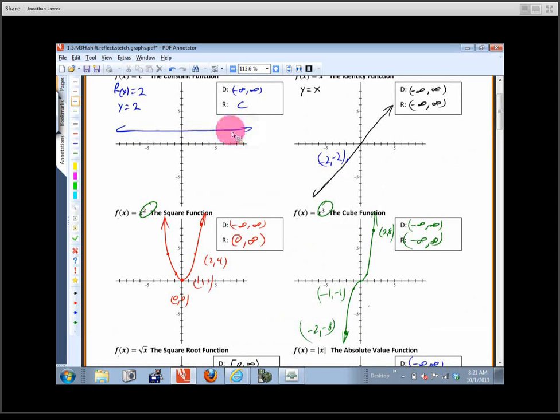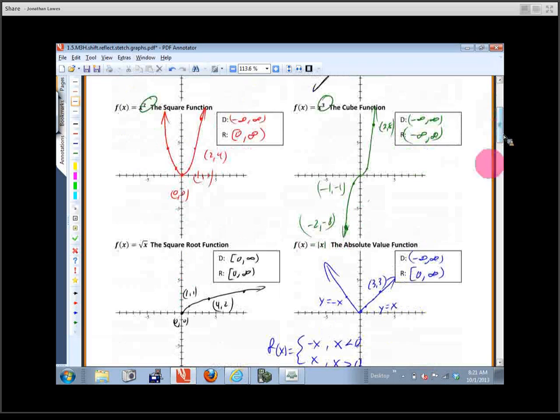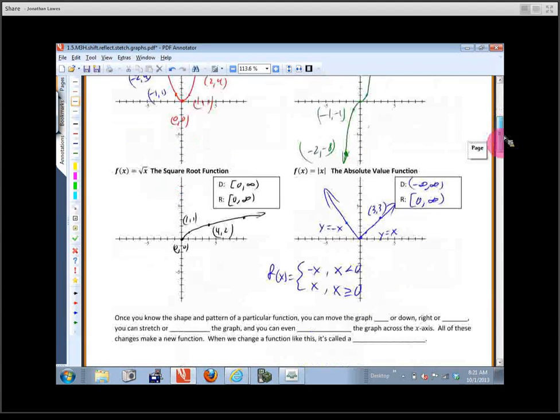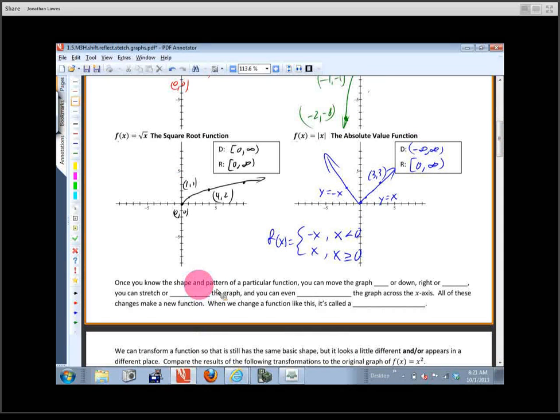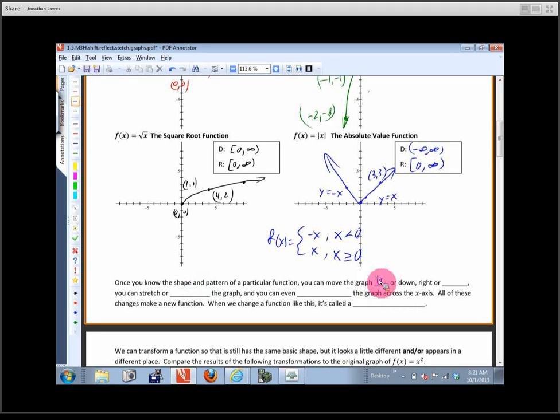In this particular case, it's 2. So you should know and be able to figure out really quickly what each one of these coordinates are for these points. Okay, so you know these basic shapes. Okay, again, sometimes we'll call these parent graphs. Okay, well, once you know the pattern and the shape produced by a particular function, you can take the graph and you can move it up or down.